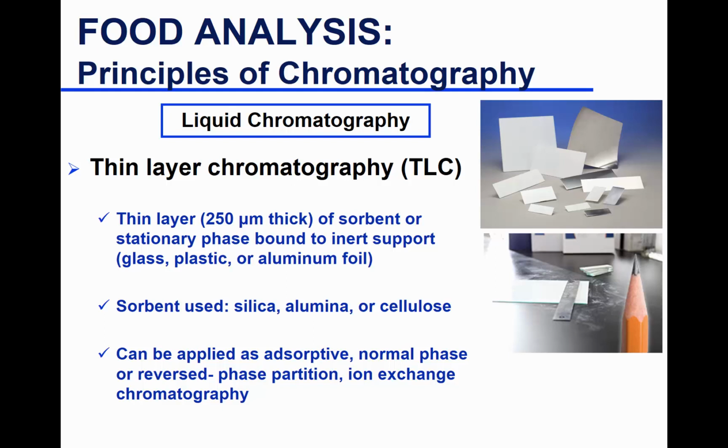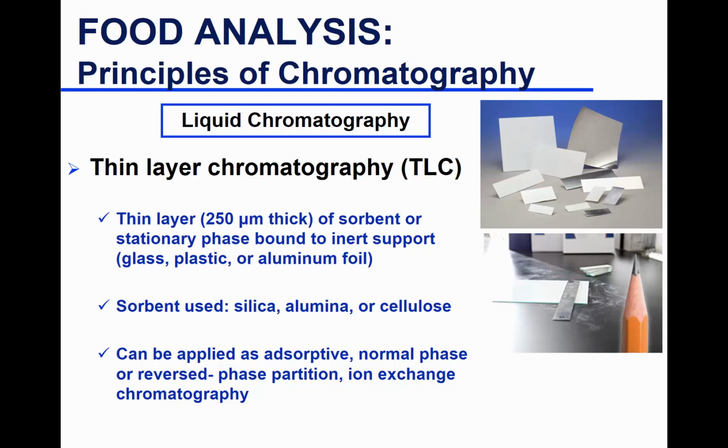Often, like I said, it's silica, but silica is slightly acidic, alumina is slightly basic, or cellulose, which is neutral. It can be applied as an adsorbent. You dry out the silica and it becomes adsorption chromatography, mostly polar or normal phase. Or you can keep it as silica gel with water, so that becomes normal phase.